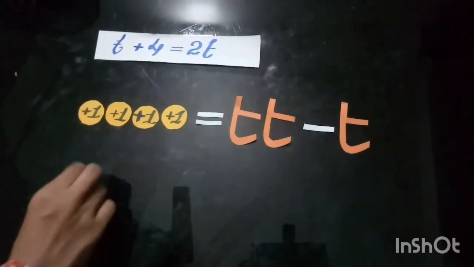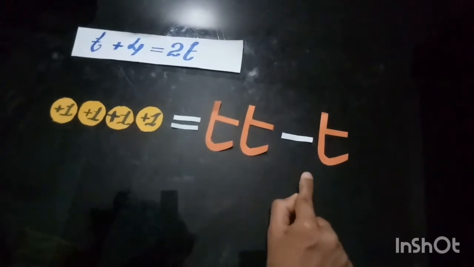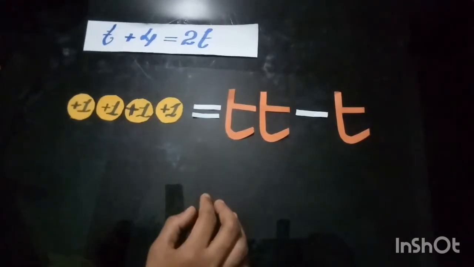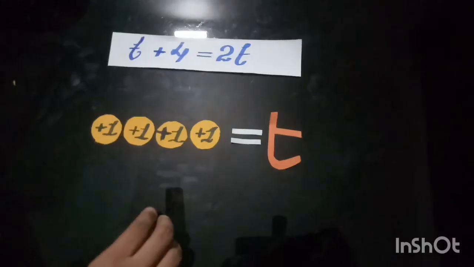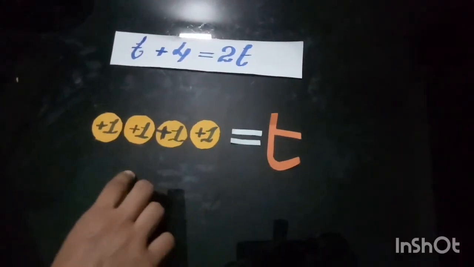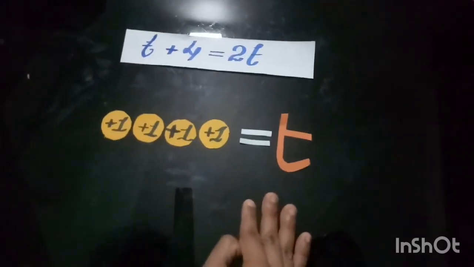Now the equation becomes 4 is equal to 2t minus t. We know that 2t minus t is t, which can be represented like this. Now we got the equation as 4 is equal to t. Thus the equation is solved.